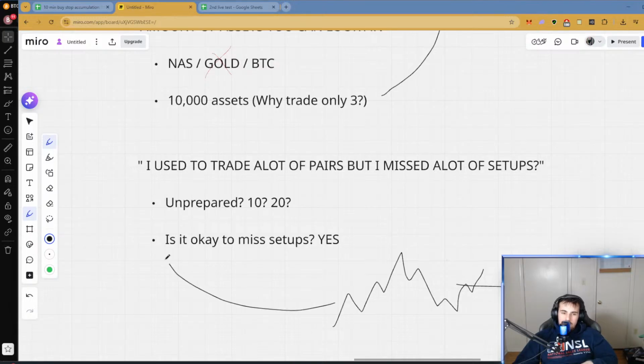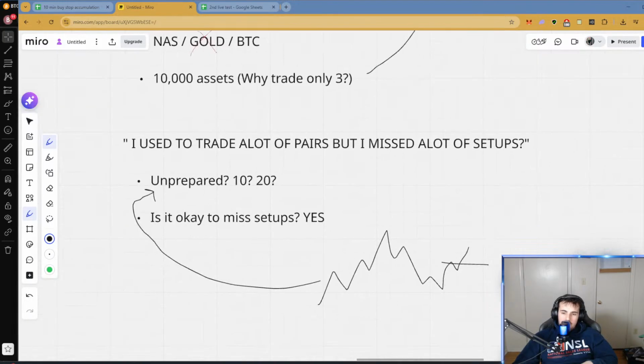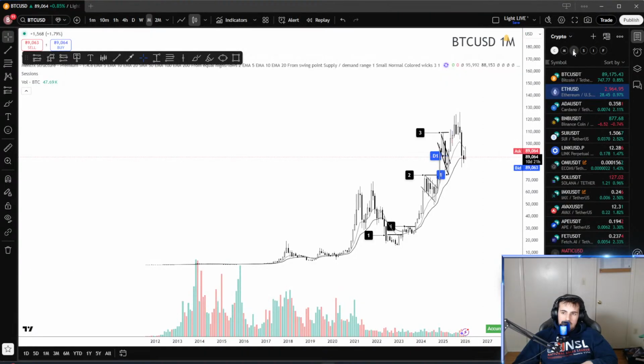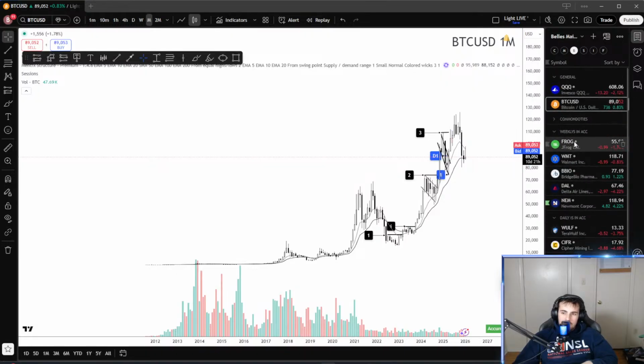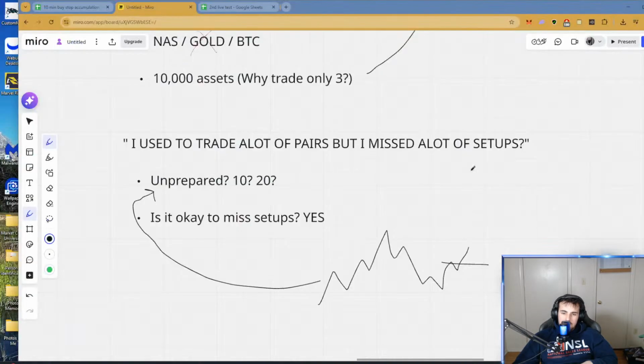Or was I simply unprepared, even though I had 30 assets on my list, right? So this is my list. I have 1, 2, 3, 4, 5, 6, 7, 8, 9, 10, 11, 12, 13, 14, 15, 16 assets on my list. And I honed in on one, and I still missed the setup because I was unprepared.